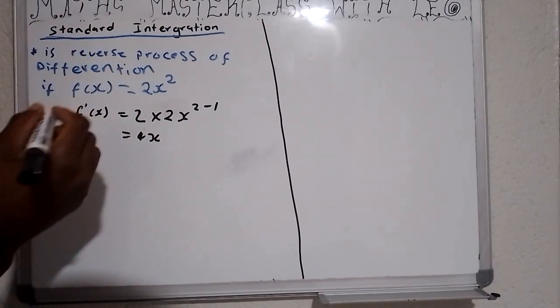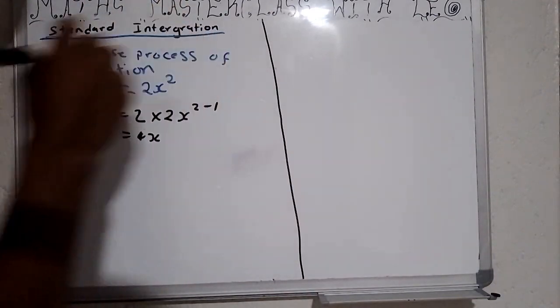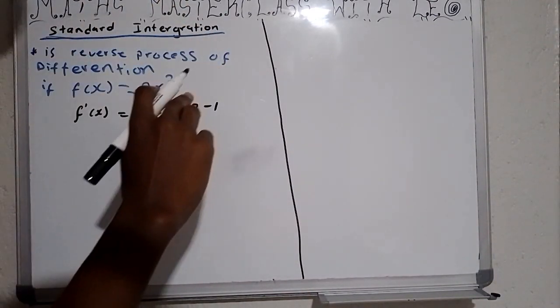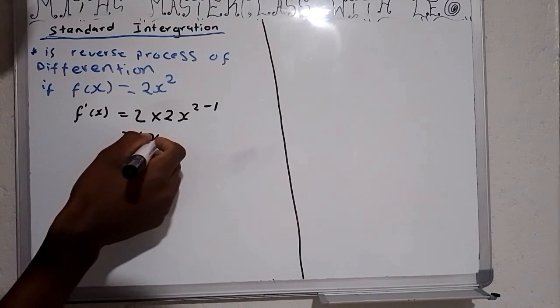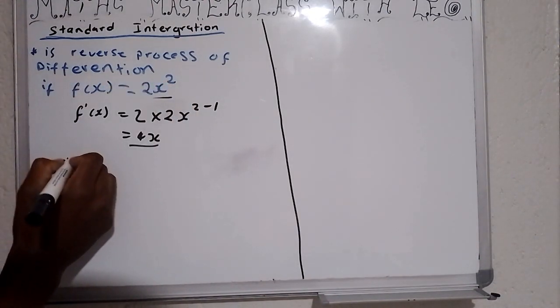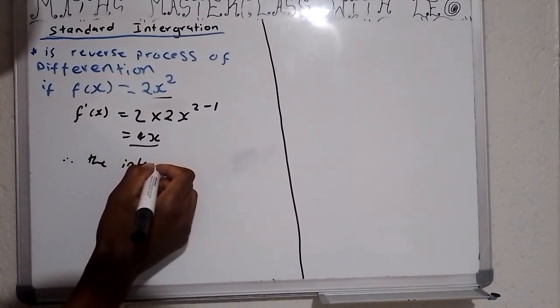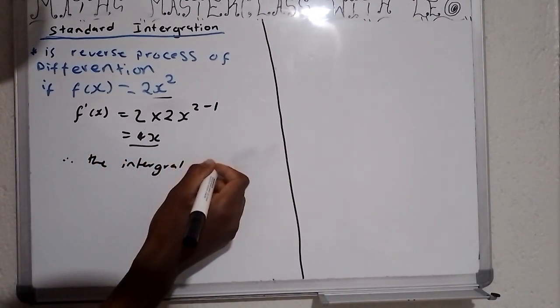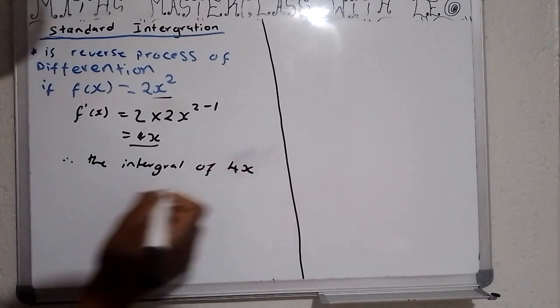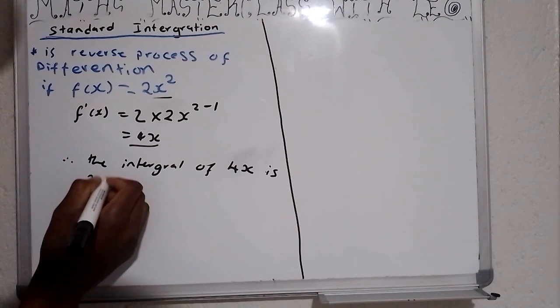But this will therefore tell me, because integration is the reverse process of differentiation, if I have this, it means when I integrate this, I need to get that. So therefore, the integral of 4x is equal to 2x squared, right?